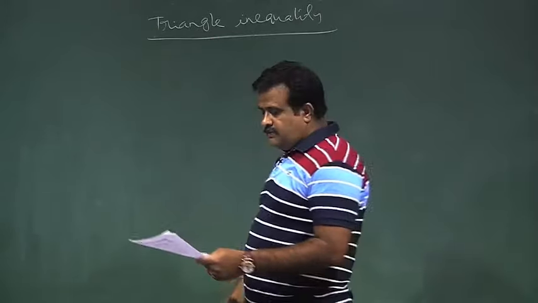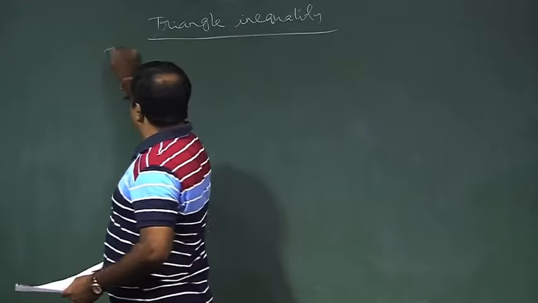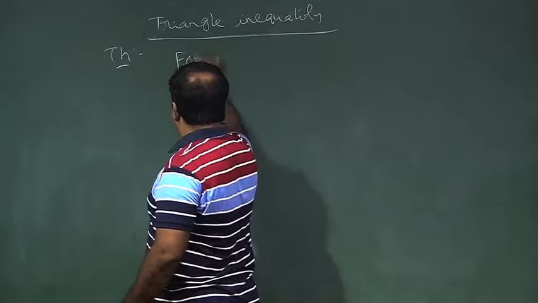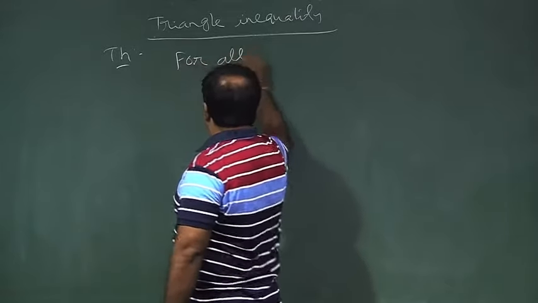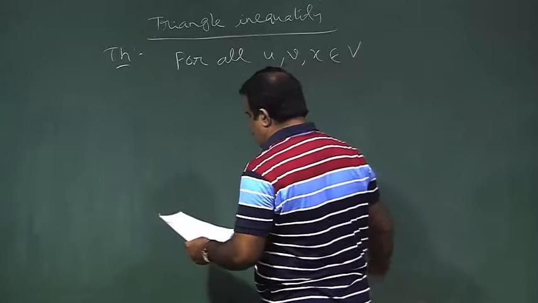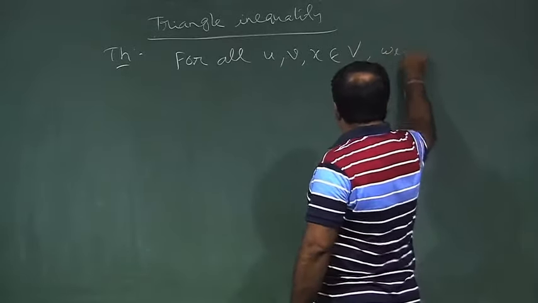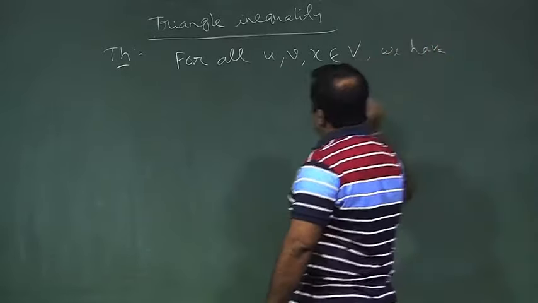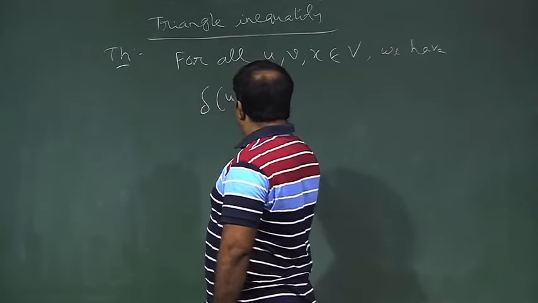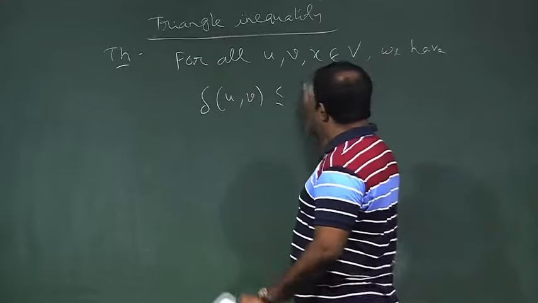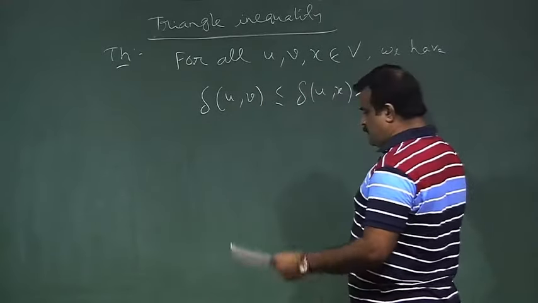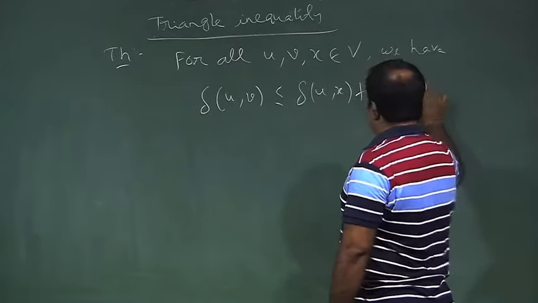Basically, for all vertices u, v and x belonging to V, we have this inequality: the shortest path from u to v must be less than or equal to the shortest path from u to x plus the shortest path from x to v.